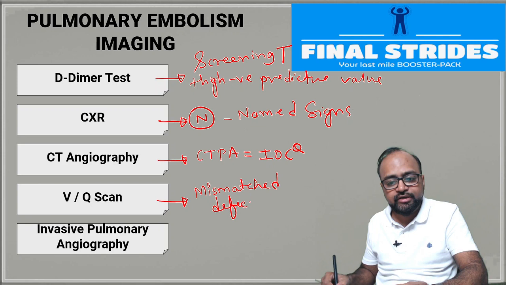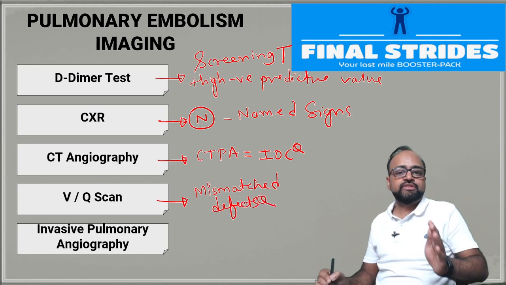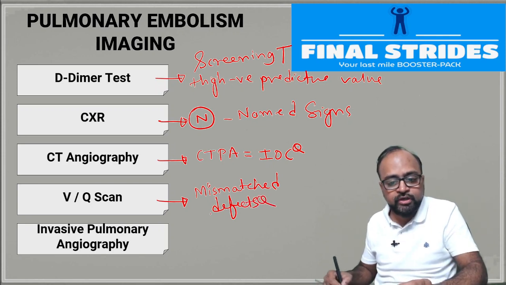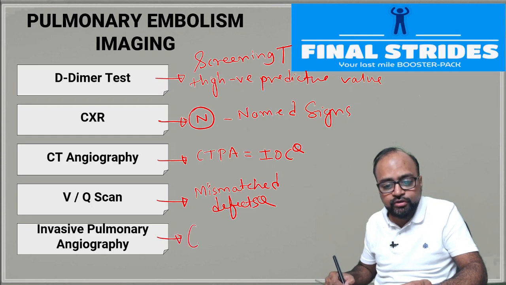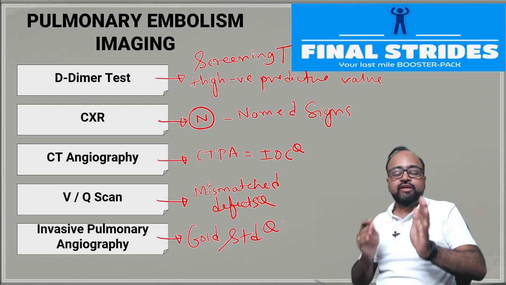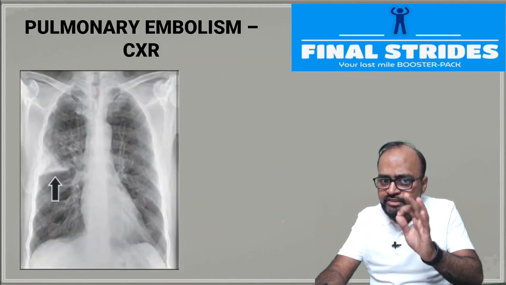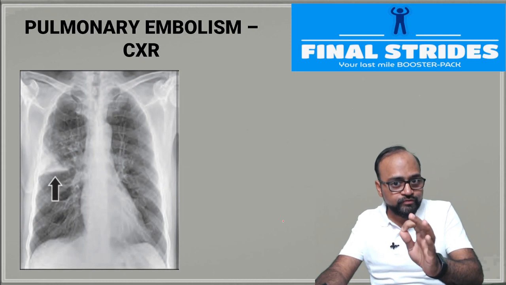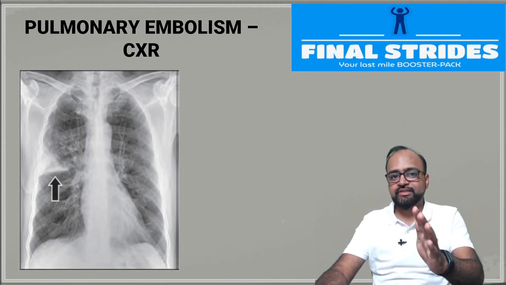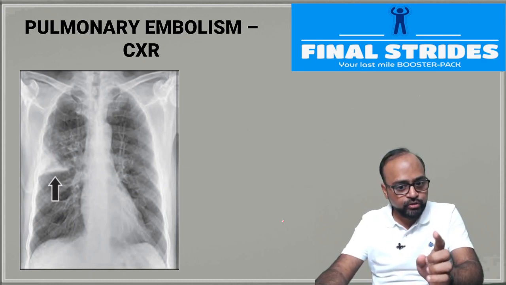Mismatched defects on ventilation perfusion scan suggest pulmonary embolism. Invasive pulmonary angiography is considered to be the gold standard technique. So this is the role of imaging modalities in pulmonary embolism. Chest X-ray, I have said, is normal in most of the cases, but some names and signs and appearances have been described. Let us quickly look at them.